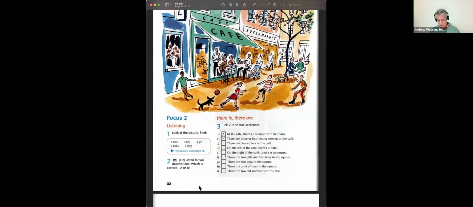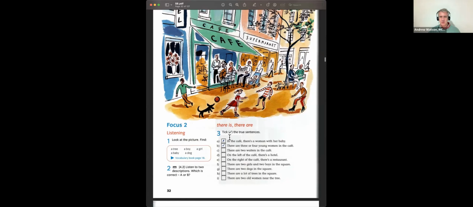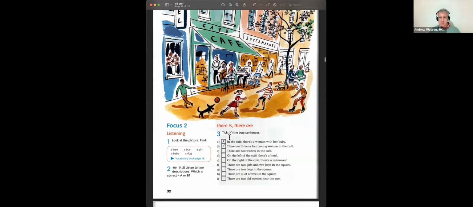Okay, and then number 3 is a good way to convey the meaning of there is and there are in a context. So there are 2 waiters in the cafe. Is that true? No, there's only one, isn't there?